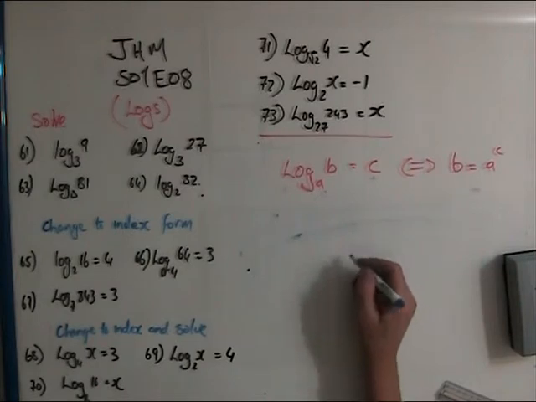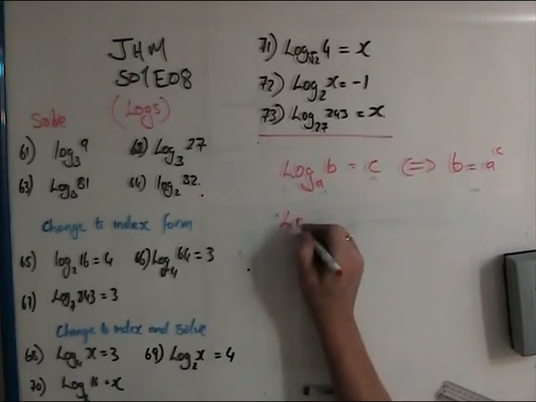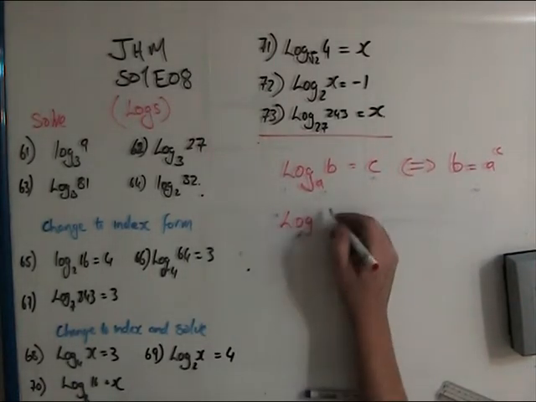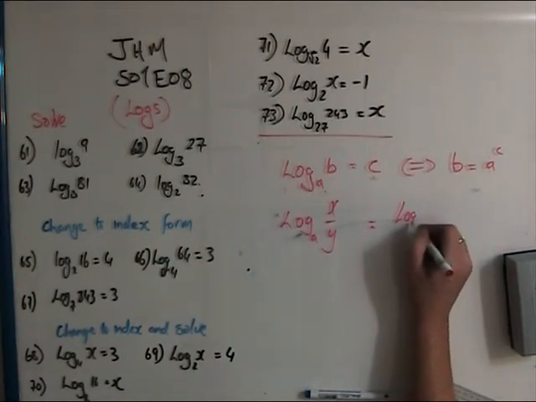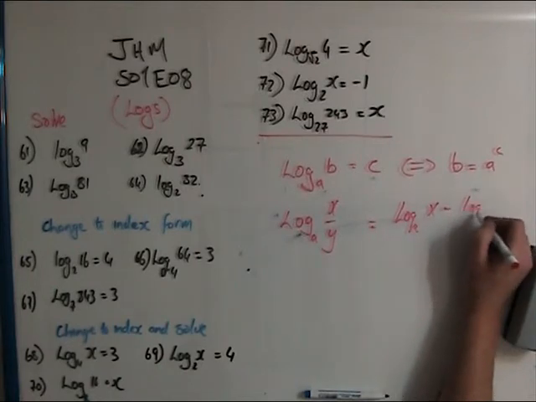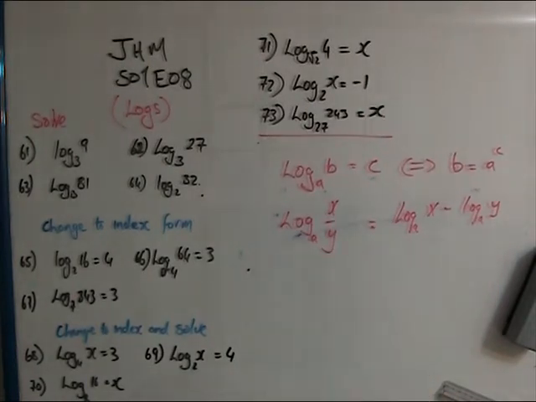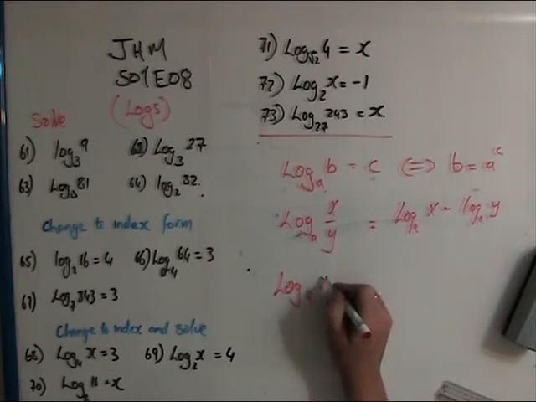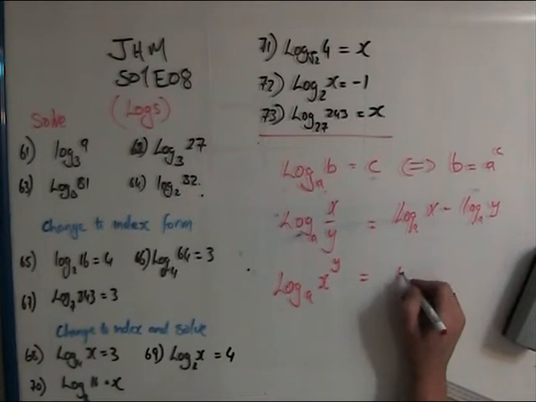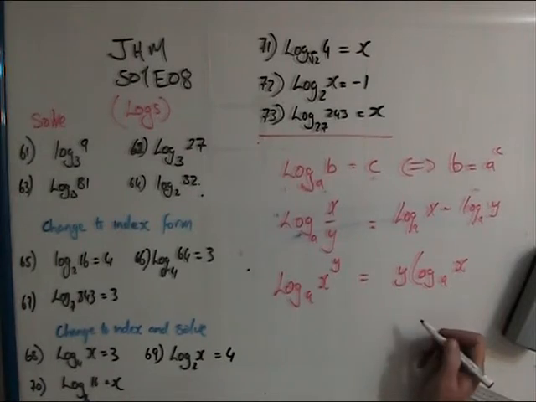Right then. Now I'm just going to start introducing the rules. Another rule is log base a of x over y. If you have x over y, that's the same as log, same base, of x minus log, same base, of y. That's a definition, it's a rule. Another rule is the power rule: log of x to the power of y is equal to y times log of x.